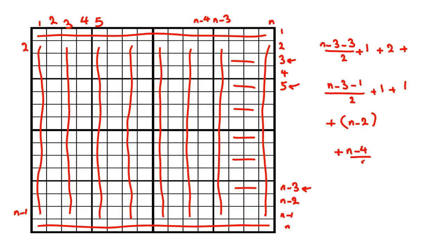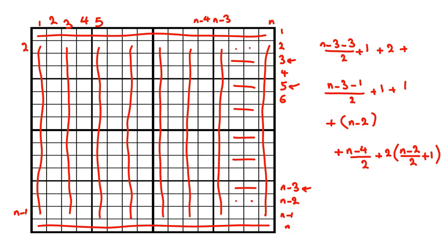And n minus 4 to 2 will be n minus 4 over 2. This part, how many ones are there? It will be 2 times 2, 4, 6, n minus 2. It will be n minus 2 over 2 plus 1 because of n minus 1.